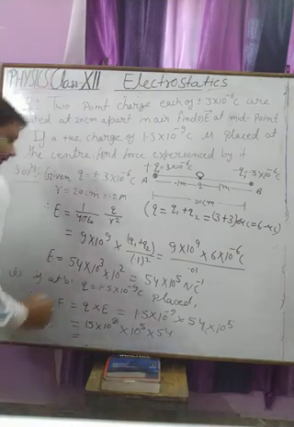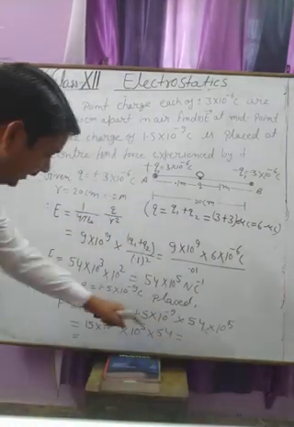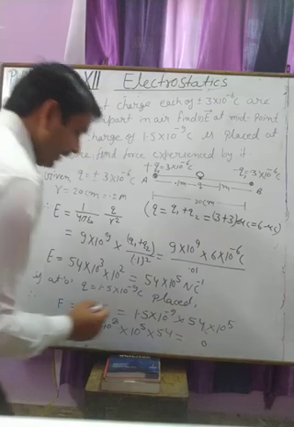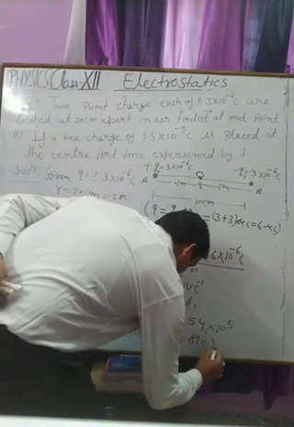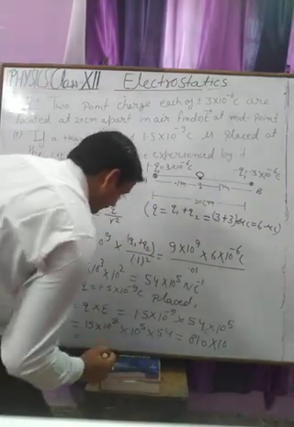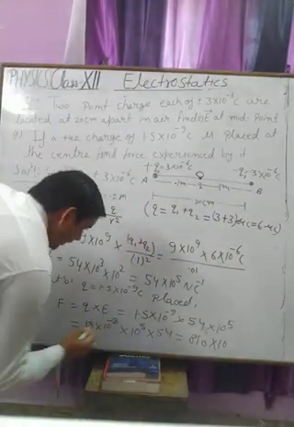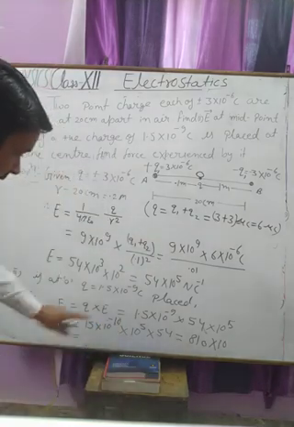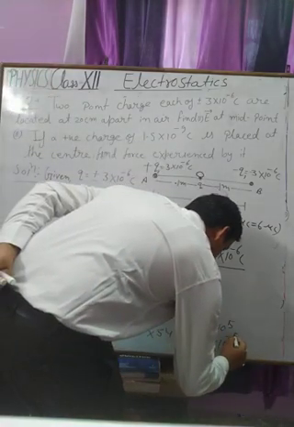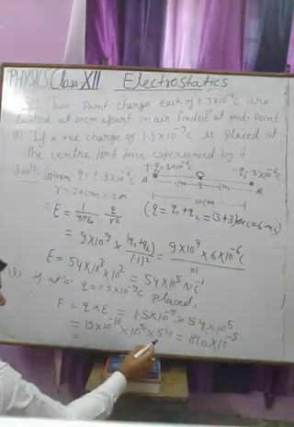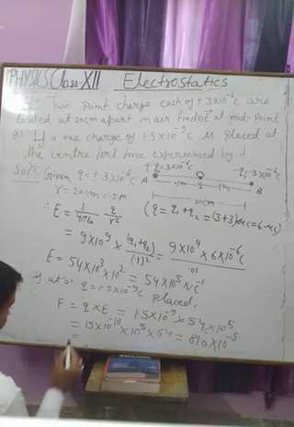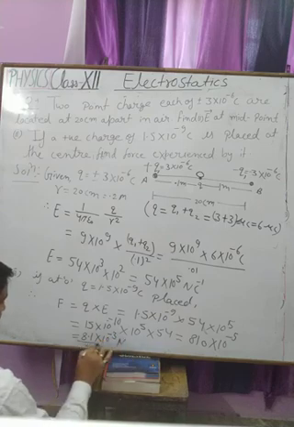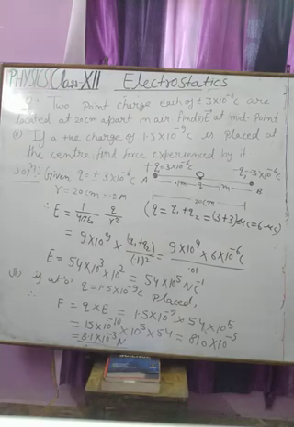By multiplying, 15 fours are 60, carry 6, 15 fives are 75 and 6 is 81, into 10 to the power minus 10 plus 5, which on solving becomes minus 5, and the final result is 8.1 into 10 to the power minus 3 Newton. This is the result.